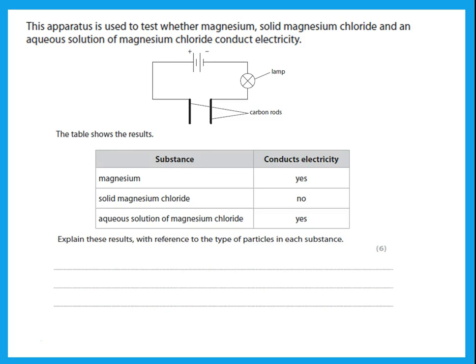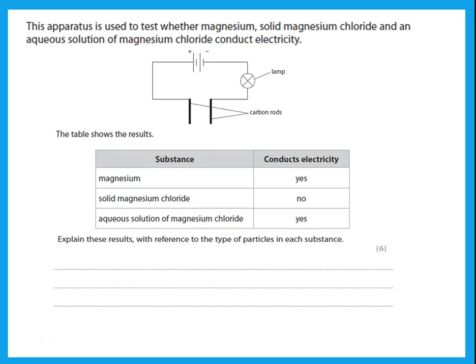These delocalized electrons are free to move, and that is why magnesium as a metal will conduct electricity. Now, the solid and the aqueous magnesium chloride both have positive and negative ions. Magnesium chloride is an ionic compound, so both will have positive and negative ions. But in the solid, will the positive and negative ions be able to move? No, and that is why it does not conduct electricity.